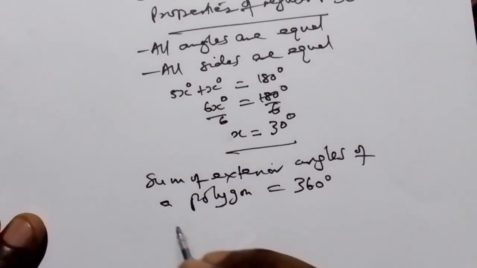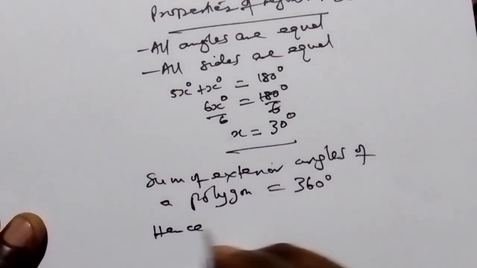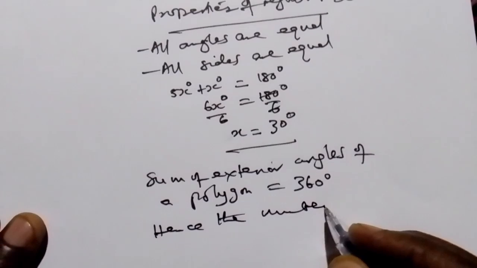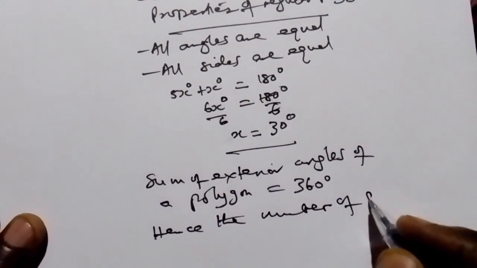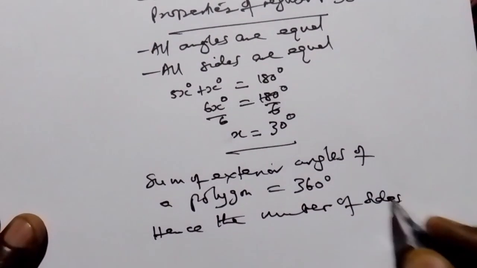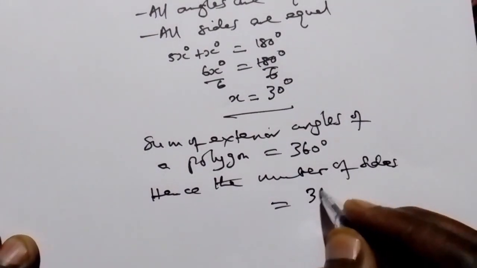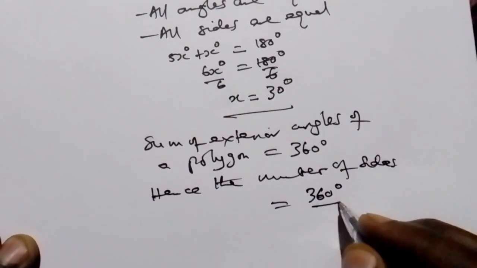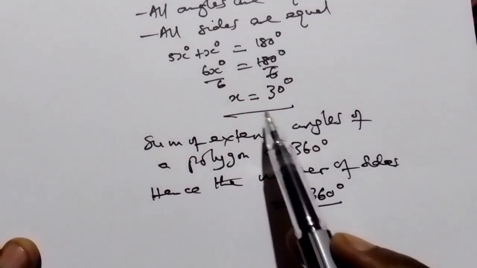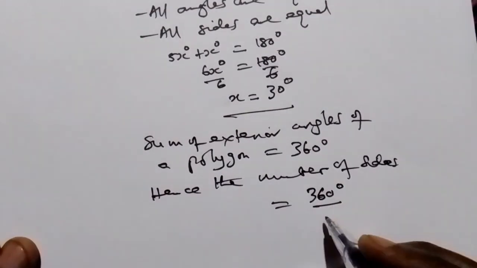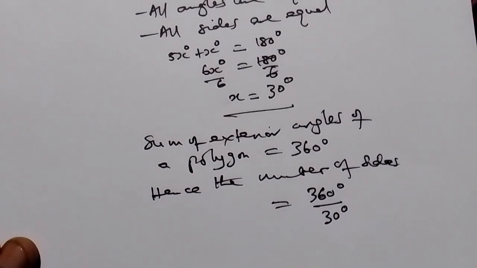So now we can say that hence the number of sides will be 360 degrees divided by this angle, 30 degrees, the angle of one side.